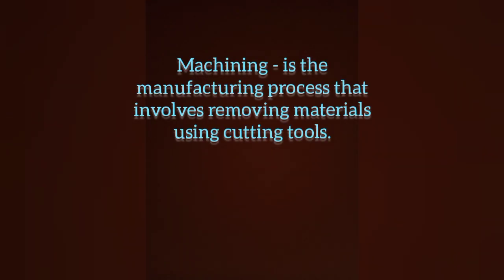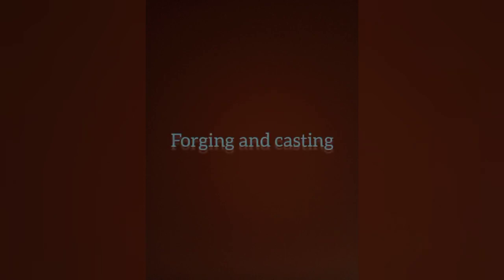Machining involves removing material using cutting tools, getting rid of unwanted material from a workpiece and converting it into the shape you desire. That is machining. There are also processes that can be performed on an existing part, like forging or casting.